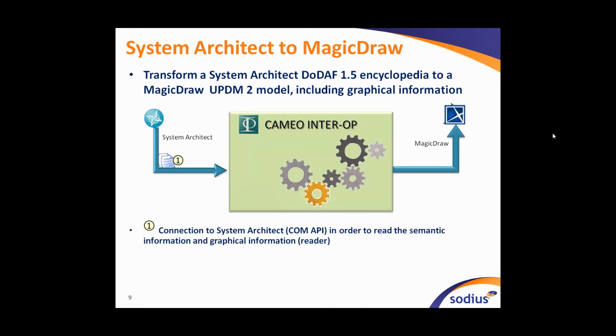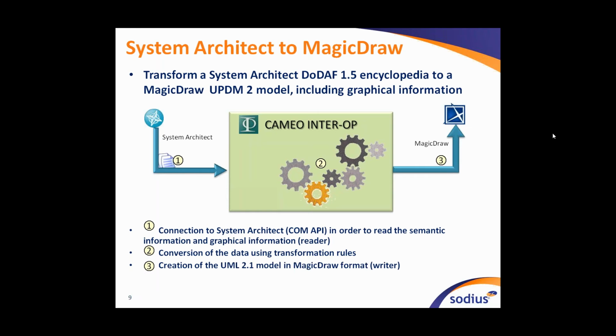How it works: first we connect to System Architect through the COM API to read the semantics and the graphical information, so we call that a reader. Then we convert the data using the transformation rules and create a UML 2.1 model that MagicDraw can read. For that we use a writer.